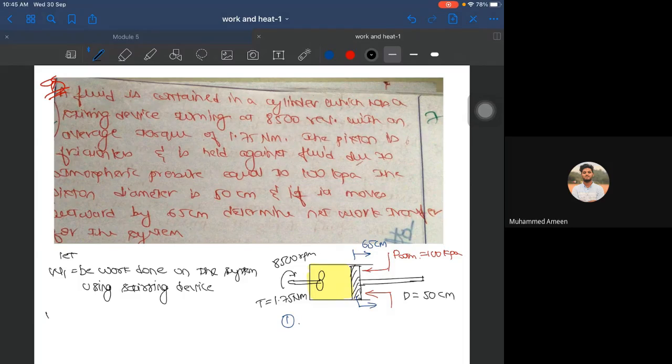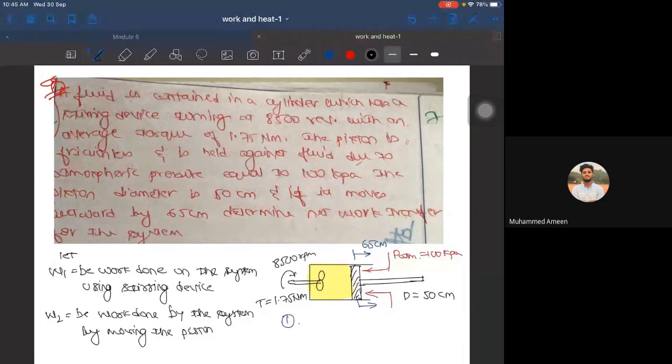Next, W2 is the work done by the system by moving the piston against atmospheric pressure. So this is W1 and W2.